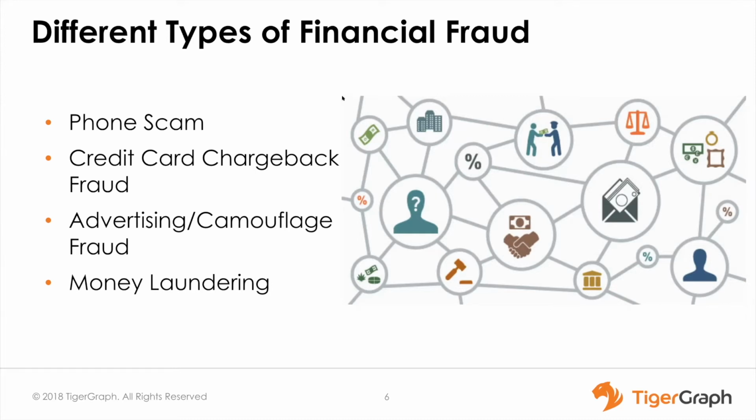So actually, as a little side note, when I first started using TigerGraph, I inadvertently found fraud. I was not looking for it. I was looking for something completely different in the data set. But when I brought that data set together within Graph and I was able to see it within that view, I was not only able to find what I was looking for, but I also found fraud happening.